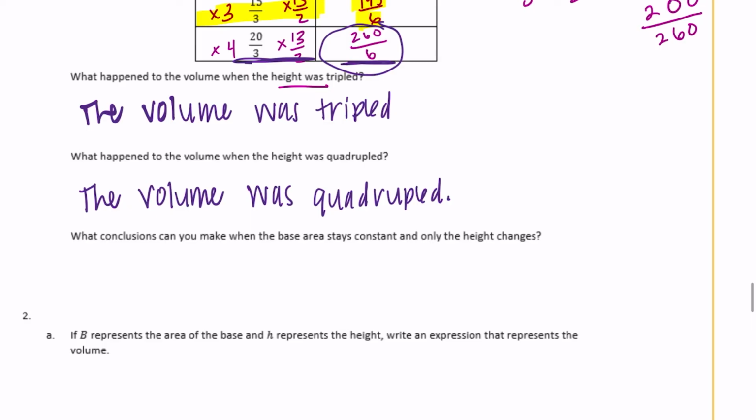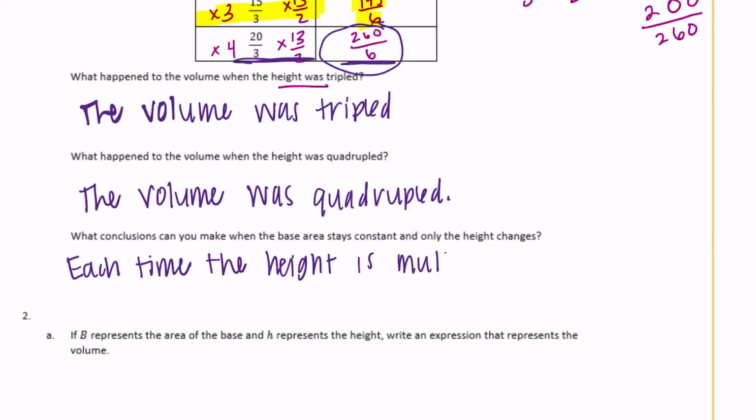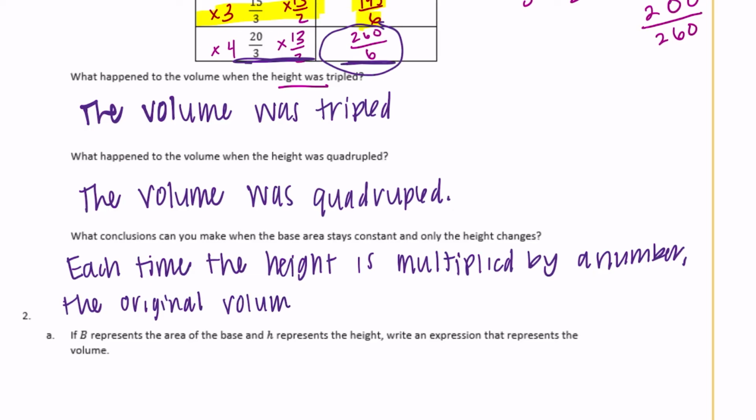So each time the height is multiplied by a number, the original volume is multiplied by the same amount.